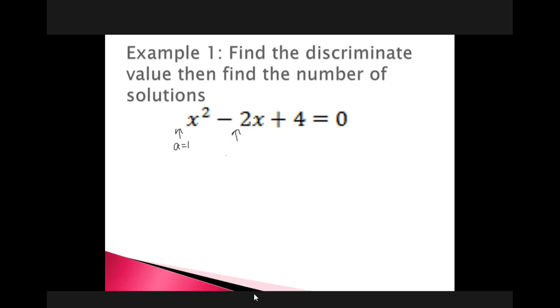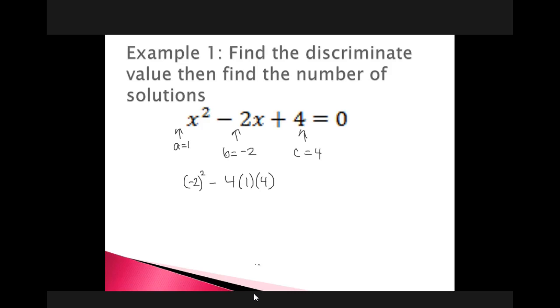b is equal to negative 2, and c is equal to 4. So to find the value of the discriminant, it is negative 2 squared minus 4 times a times c.